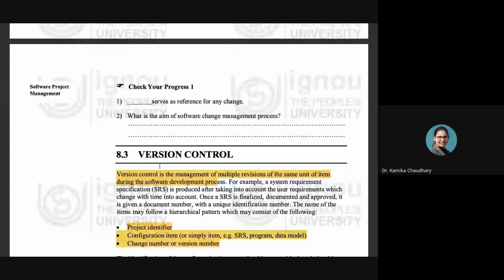So what we need to study in this version, I think there is no definition given. Okay. The identification process should be such that it uniquely identifies the configuration item throughout the development lifecycle, such that all changes are traceable to the previous configurations. One of the purposes of our version is that we are able to trace the changes, so that we always have a check on all the changes, and so we create the different versions.